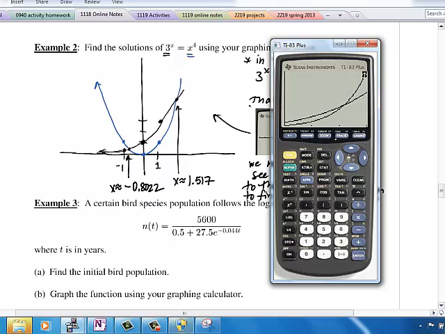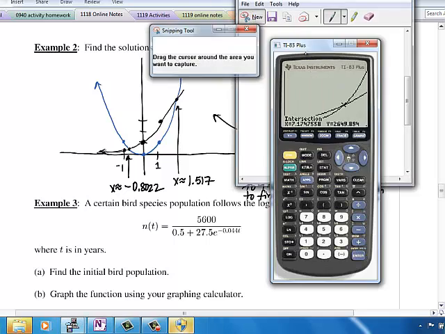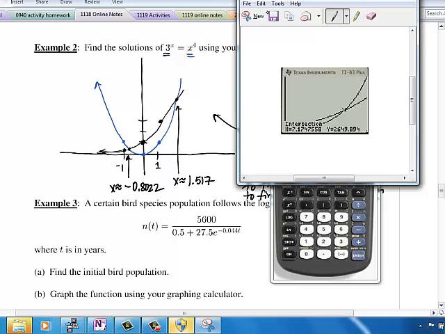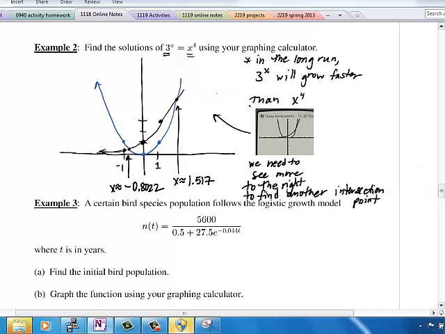So we'll go second, calculate, intersect, first curve, enter, second curve, enter, guess, we'll just enter, and it looks like it's about 7.17 roughly. So copy that. And what we also use then is this picture.